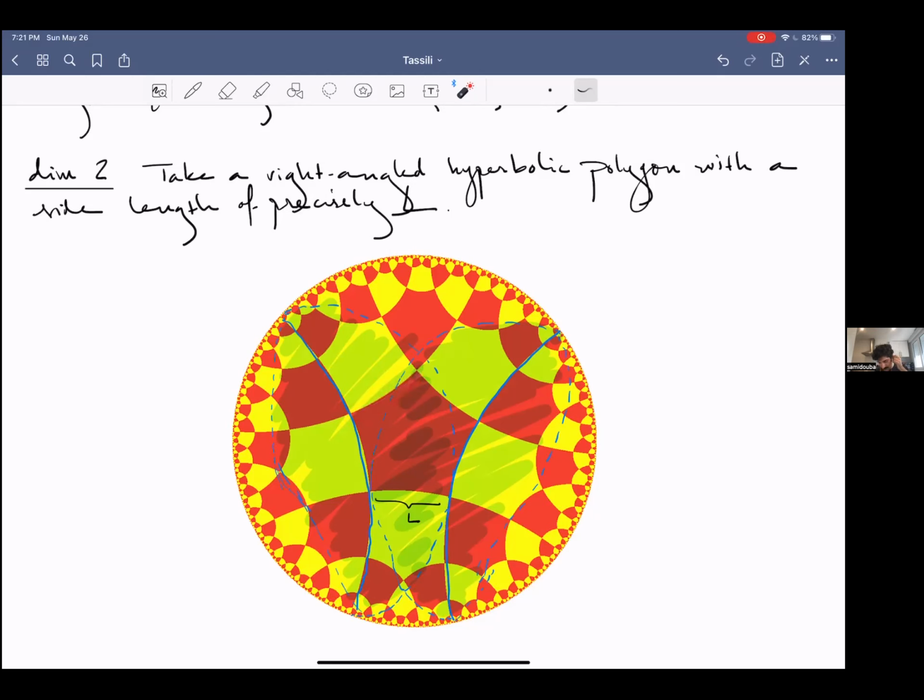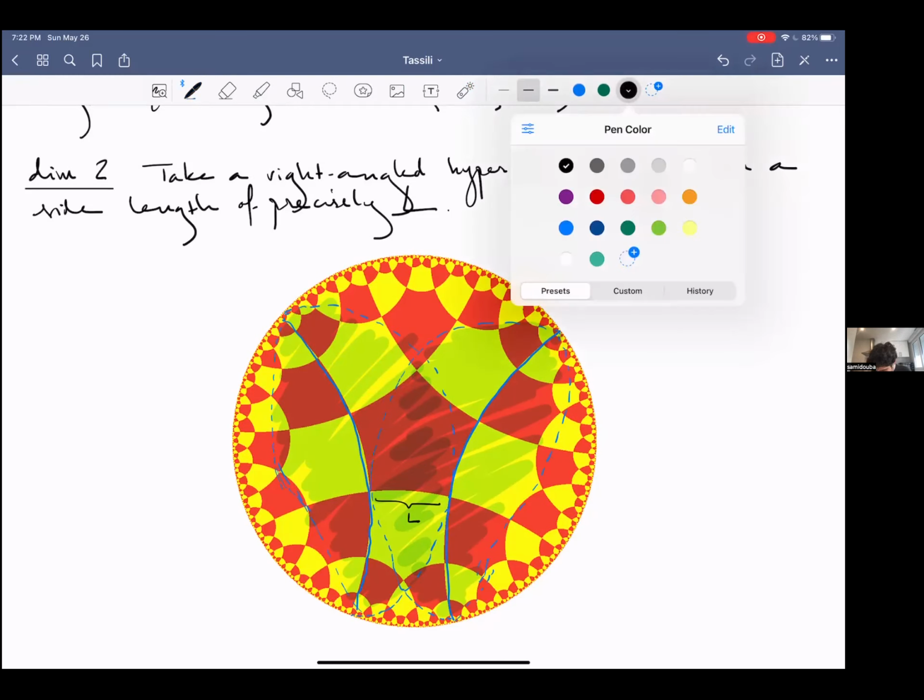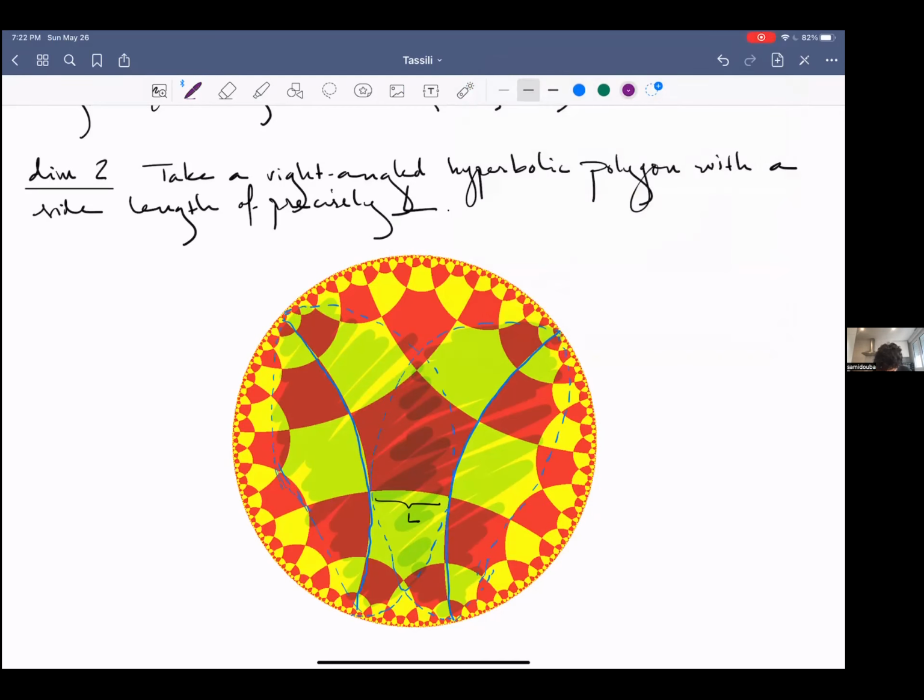If I'm thinking of this thing as an orbifold, then I'm able to travel back and forth between sigma 1 and sigma 2 in the quotient quite efficiently. But if I take a polyhedron that instead looks like, what's a good color? Purple. Something like this, let's say.